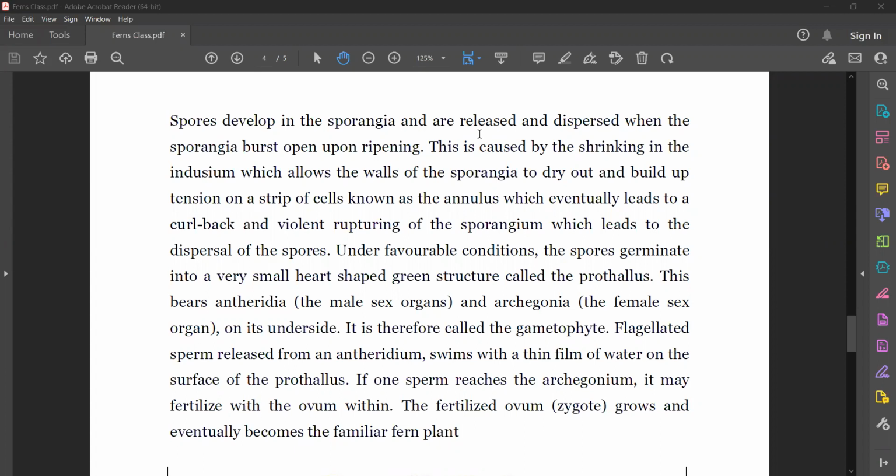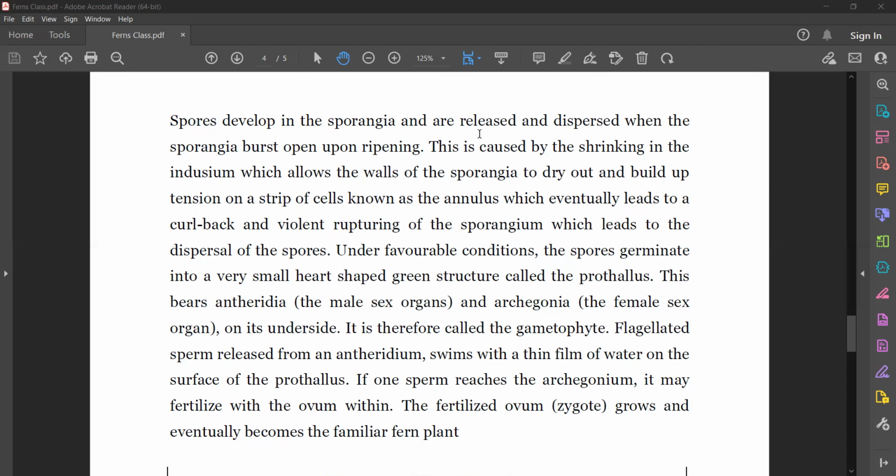But it can't do the swimming alone, so it does it in a thin film of water on the surface of the prothallus. It swims towards the archegonia, fuses with the ovum within the archegonium, and forms a zygote. This zygote will then develop into a similar fern plant. So that's how ferns reproduce.